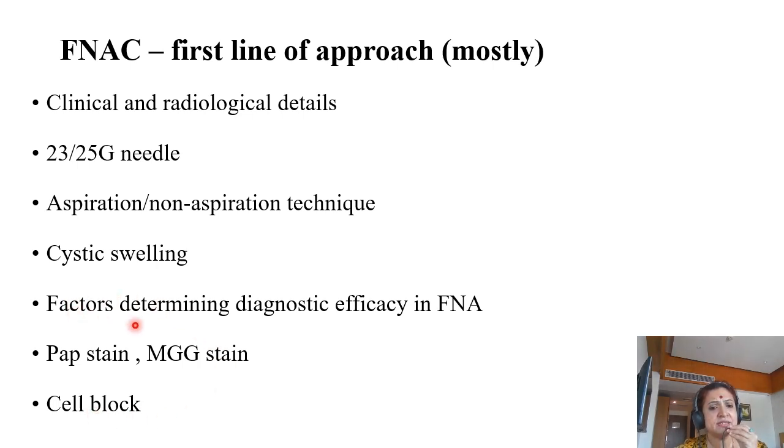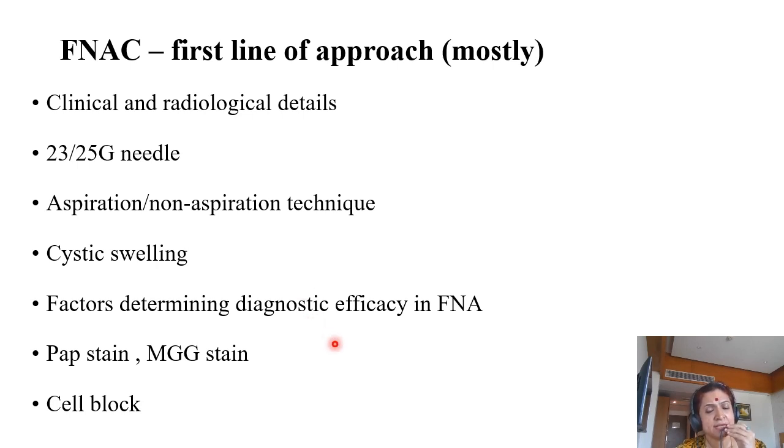And the factors determining the diagnostic efficacy in FNA are right from the basic step of how well versed you are in the technique of doing FNA, your sample collection, the smearing, the transfer to the fixative, everything matters.